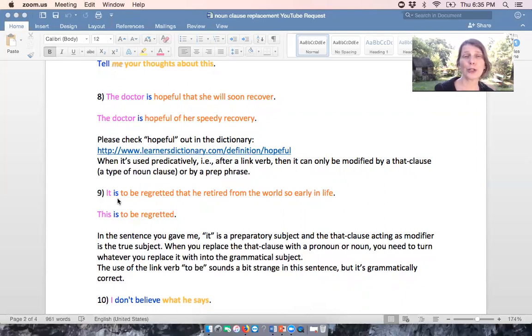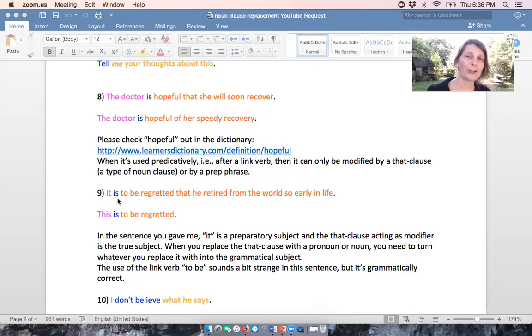But then it can also be a preparatory subject. It's a grammatical subject which is a placeholder subject and points towards the true or semantic subject. And now the true subject is the that clause. That he retired from the world so early in life is to be regretted. That would be a sentence in which the semantic subject is also the grammatical subject.